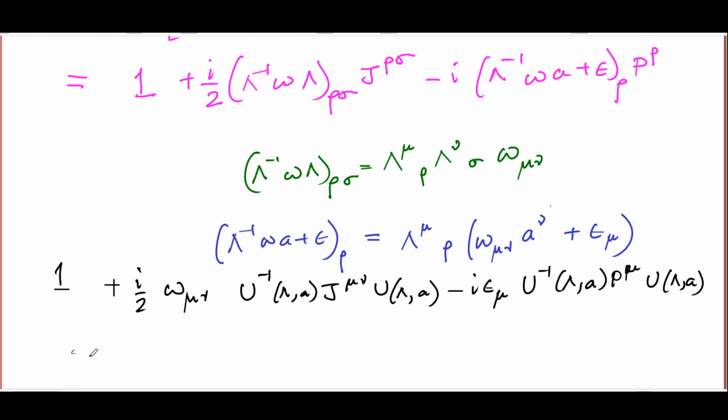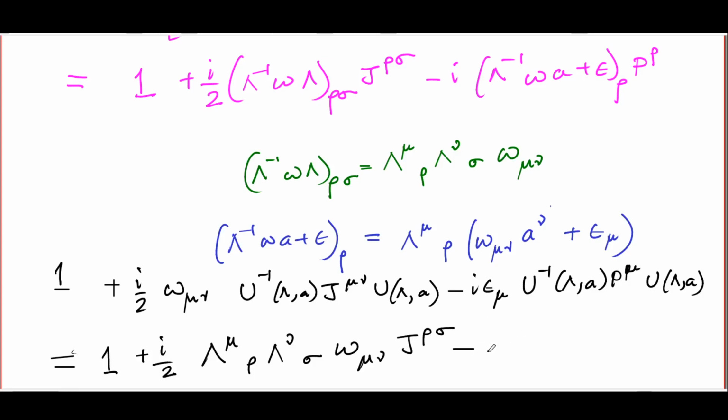What about the right hand side? The right hand side is identity plus I by 2 lambda inverse omega lambda's rho sigma th element, which is this lambda mu rho lambda nu sigma omega mu nu J rho sigma minus I times lambda mu rho omega mu nu a nu plus epsilon mu.